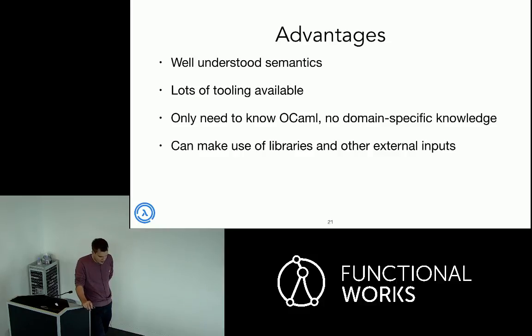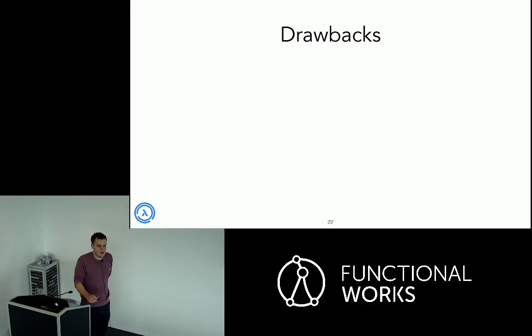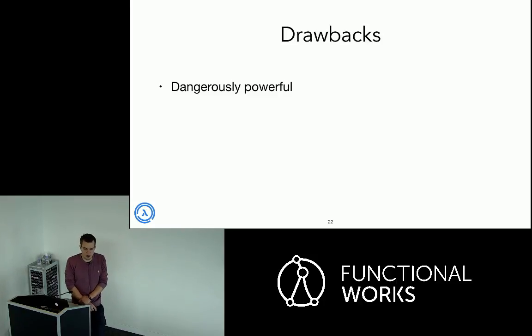So I also want to mention a few drawbacks. One obvious one is that it's pretty powerful, and that means it's also dangerously powerful. If you don't trust your users, then an OCaml plugin is just not an option for you, because the user gets to write code that gets executed at your top level and inside your own process. If the user is malicious, they can do all kinds of bad things.